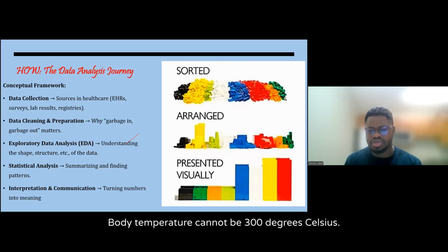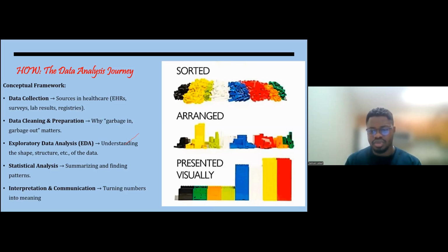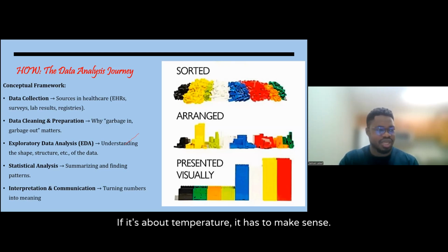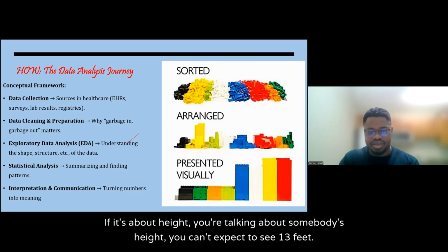Reading temperature cannot be 300 degrees Celsius. This is one of the things you do while cleaning: checking that it makes sense for the use case. If it's about temperature, it has to make sense. If you're talking about somebody's height, you can't expect to see 13 feet.